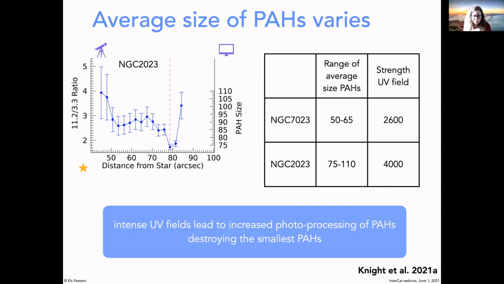And so basically both of these factors, that first of all, size varies with distance from the star, and also if we compare the two reflection nebulae, lead us to conclude that UV fields lead to increased photoprocessing of PAHs, and so they destroy the smallest PAHs and therefore increase the average size of the PAHs probed.